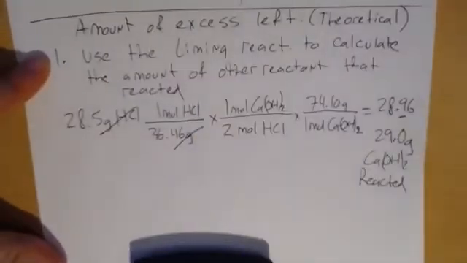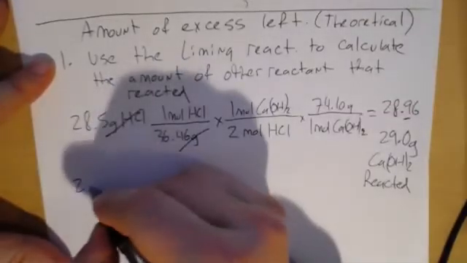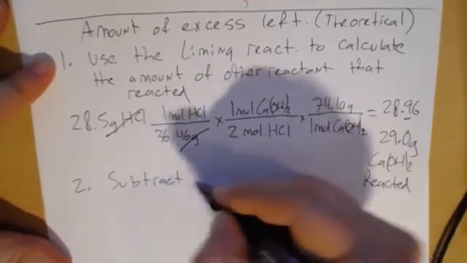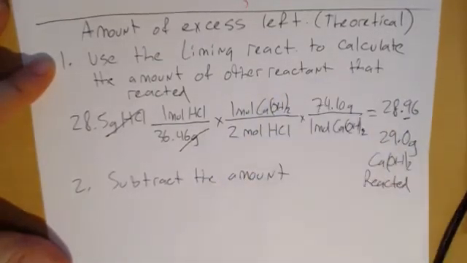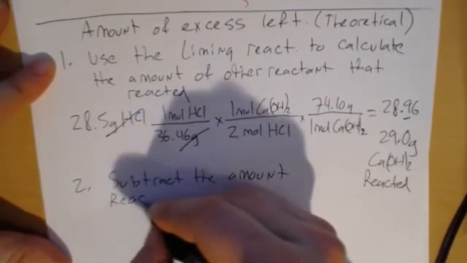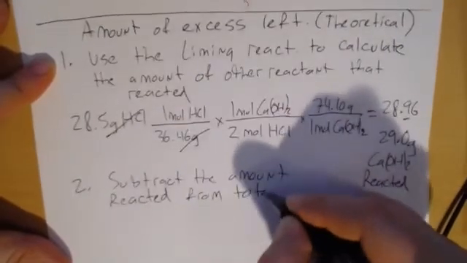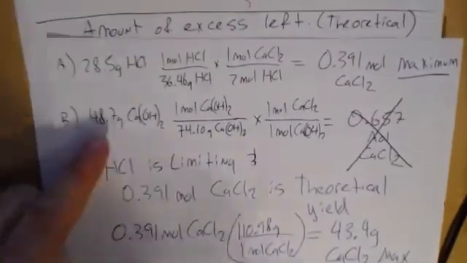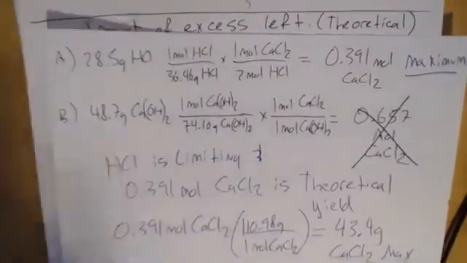And then the second step is subtract the amount reacted from the total. And so let's go back, way back over here. We had 48.7 grams of calcium hydroxide to begin with.